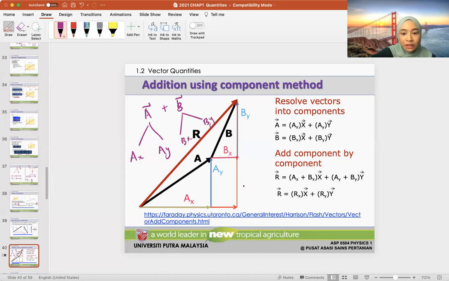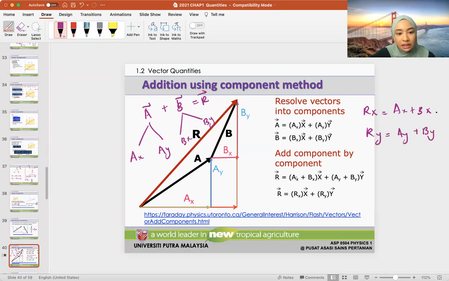And then the resultant of this. I remember my equation. The resultant will be AX plus BX. Let me write here. Okay, the Rx is equal to AX plus BX and the Ry is equal to AY plus BY.